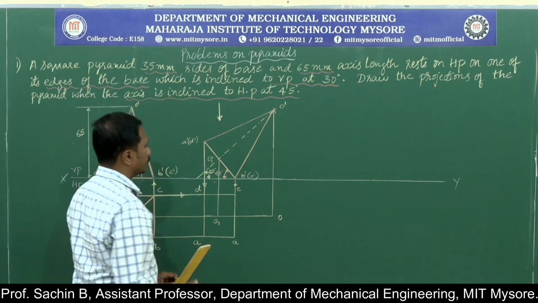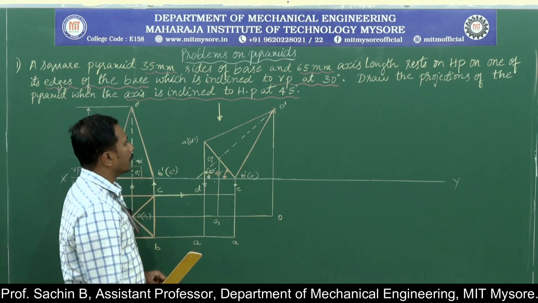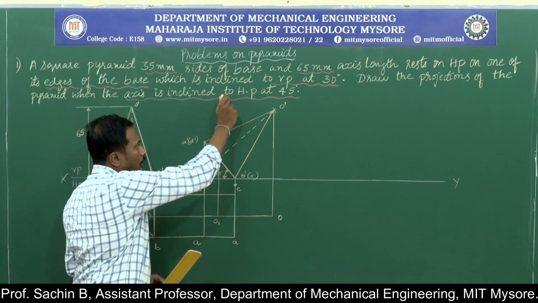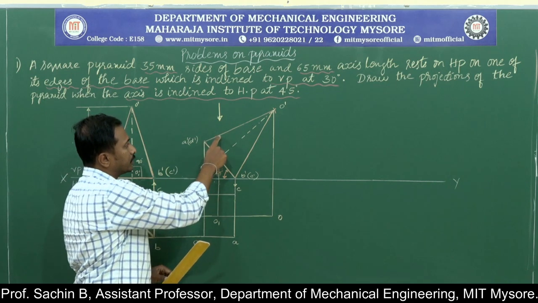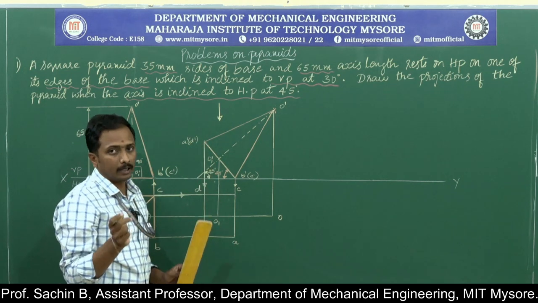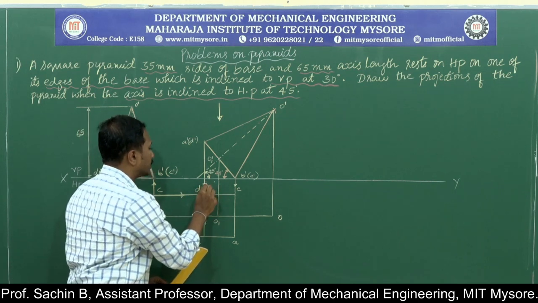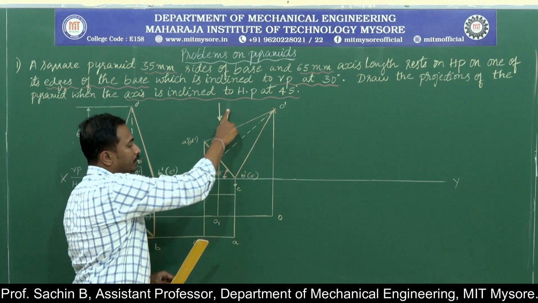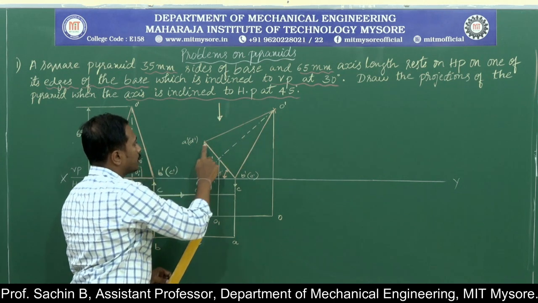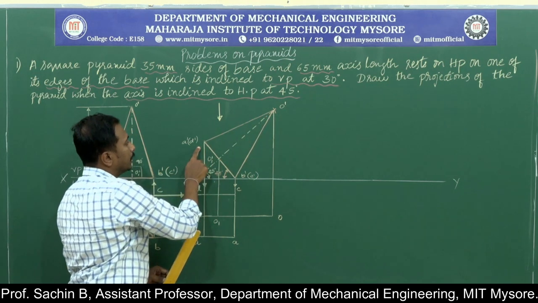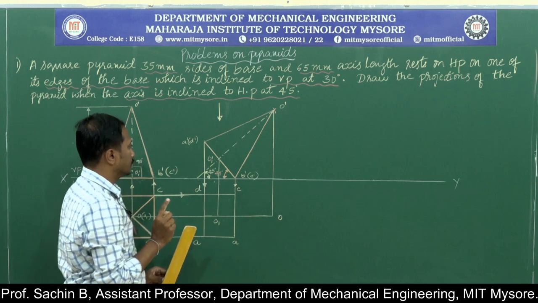Now I will go for checking the visible and invisible edges. When it comes to that, we are viewing the object from the top. The first condition is that the faces and edges near to the observer are clearly visible. Now if I view the object from this top view, for me A dash to O dash and O dash to D dash is clearly visible. Means one triangular face is clearly visible.